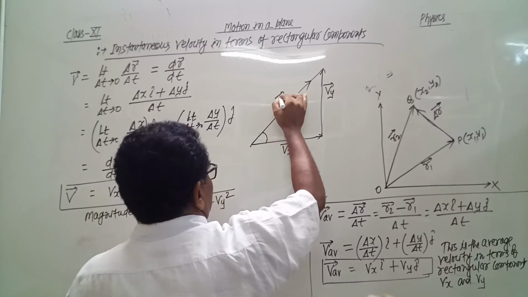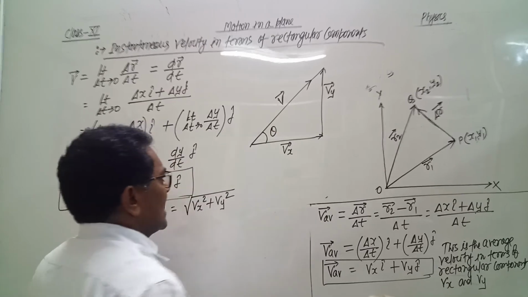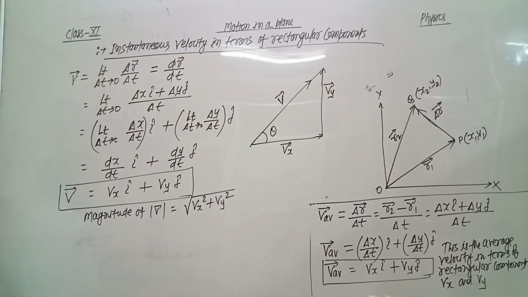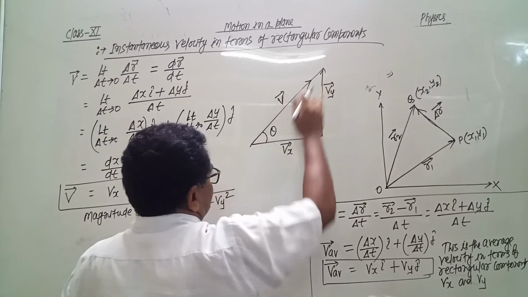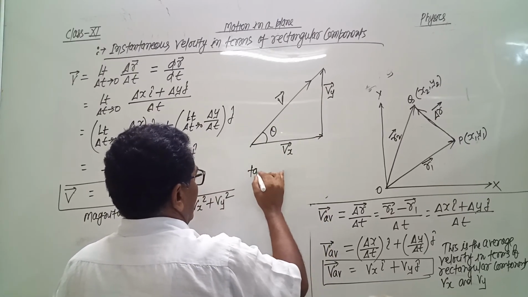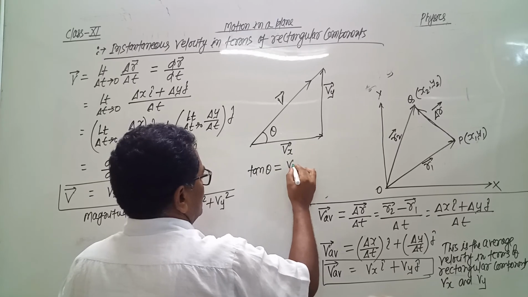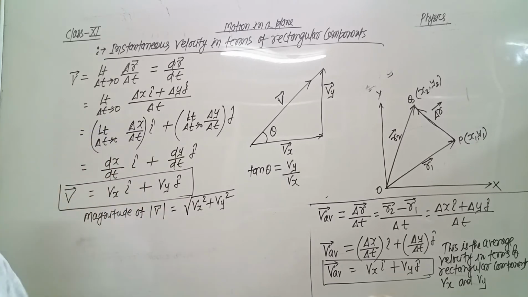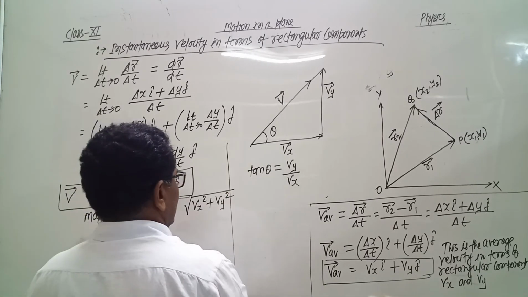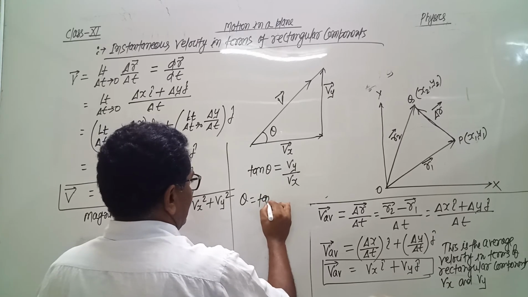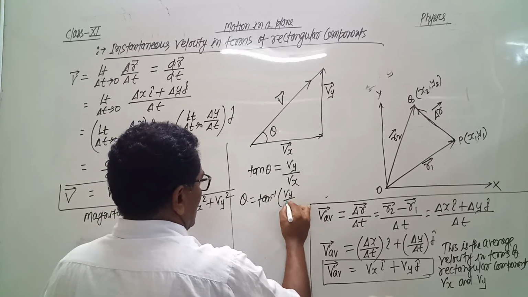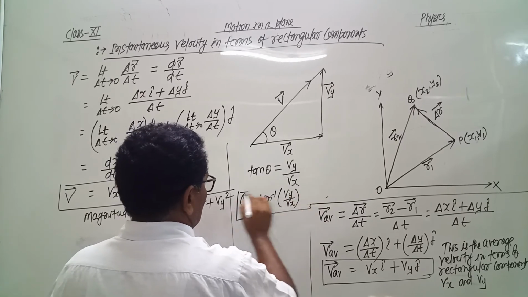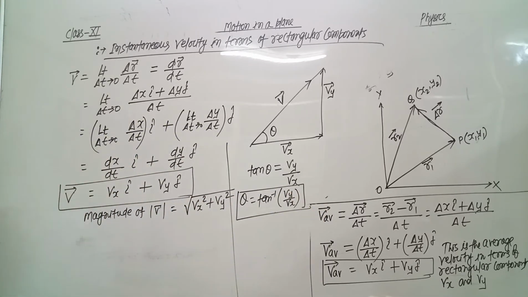Let the resultant or instantaneous v make an angle theta with the horizontal, then its direction is given by tan theta equals vy upon vx, and theta is calculated by tan inverse vy upon vx, the vertical component of velocity upon the horizontal component of velocity.